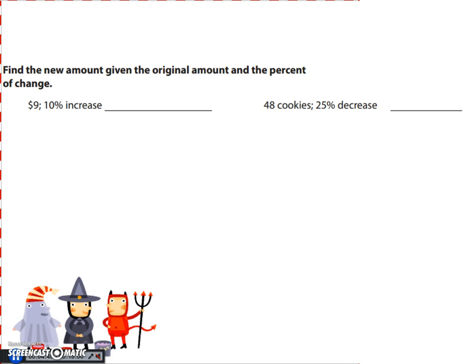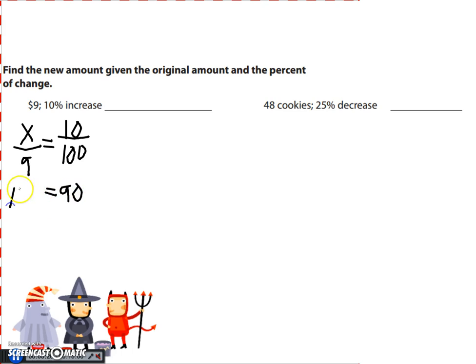On the back side, let's find the percent or the original amount if I'm given the increase. Well, remember, every percentage is out of what? 100. So you have 10 over 100. And we know the original amount is 9. So we do the cross product rule. So we have 9 times 10 is 90.